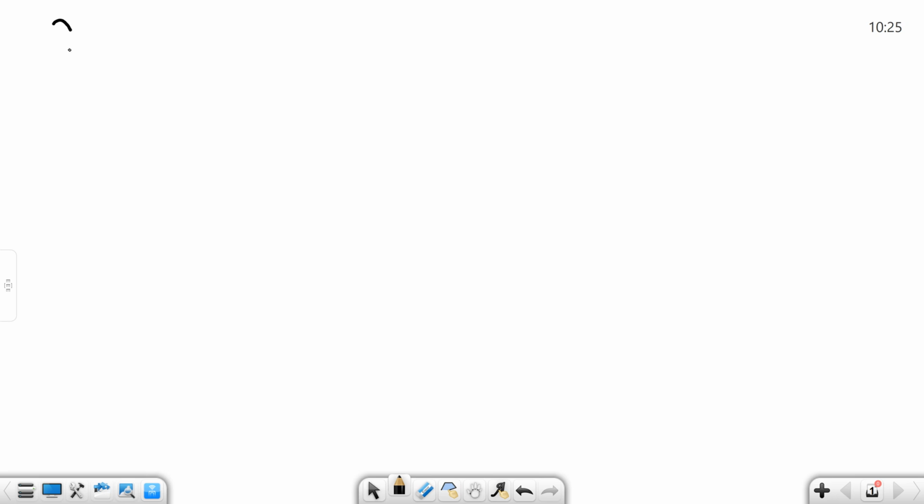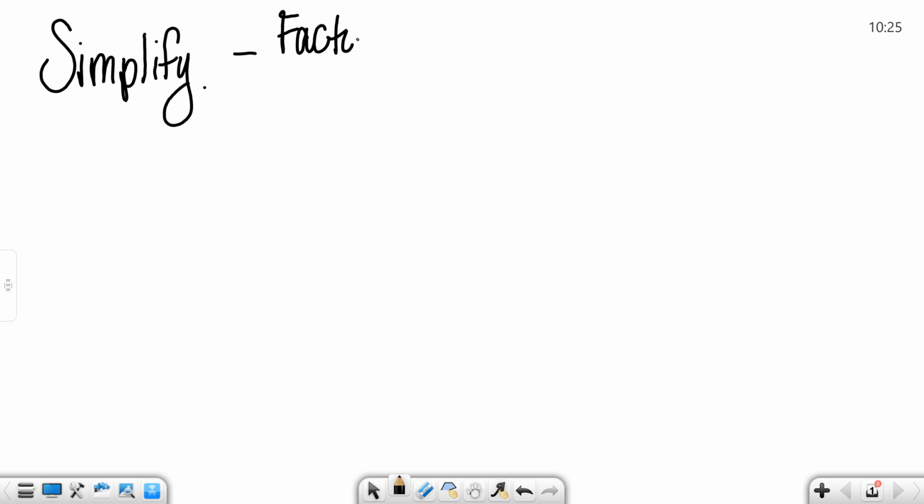Okay, so the next thing that we'll talk about is sometimes our directions will tell us to simplify. Okay, and you will know that you are simplified by doing these two things. First, we're going to factor the numerator and denominator if they will factor. They won't always factor.